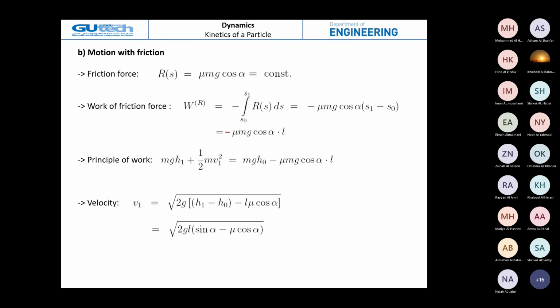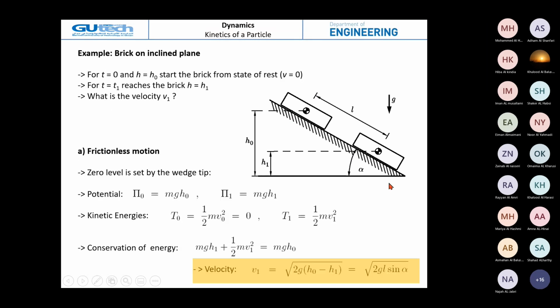Now, if we take the motion with friction, here we take the friction force R, and we have the force N here. R is against the motion, and the contact force we can make in equilibrium with the weight mg.